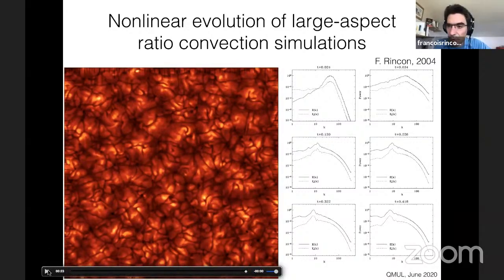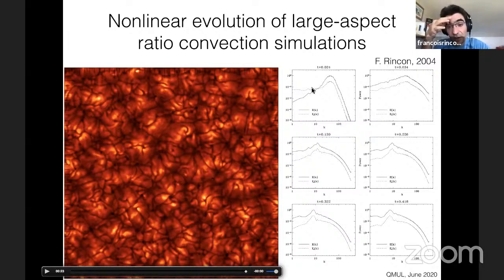You start with a fairly small scale pattern, which is the most unstable linear convection scale in your problem. And as time goes and the nonlinearity develops and the simulation saturates, the most energetic scale shifts toward larger scale. At the end, you will see a much larger scale dominant energetic pattern, which you can spot here in terms of these temperature rings.